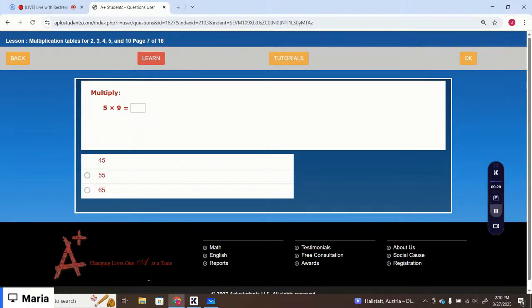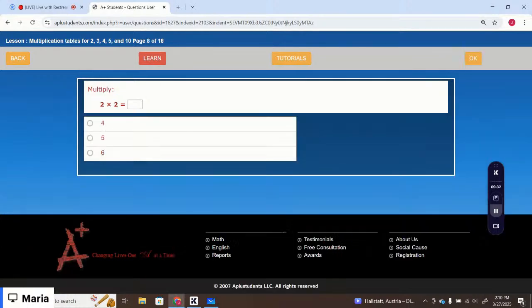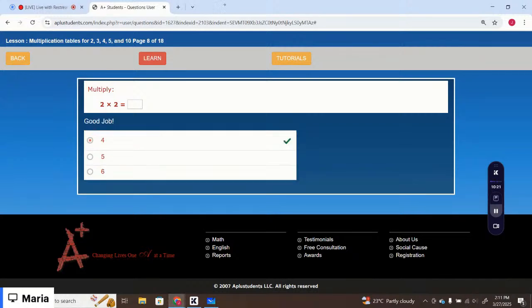Option number 1 is the correct option. That is 45. 2 times 2 equals 4. Option number 1 is the correct option.